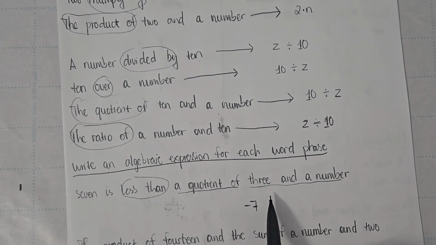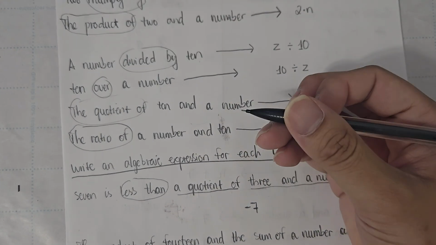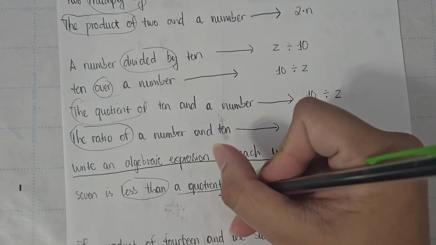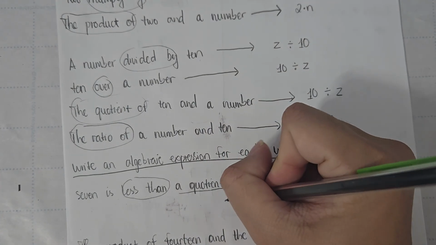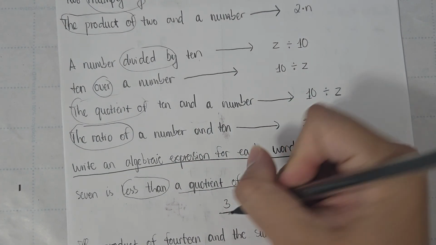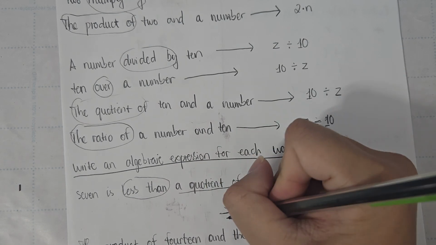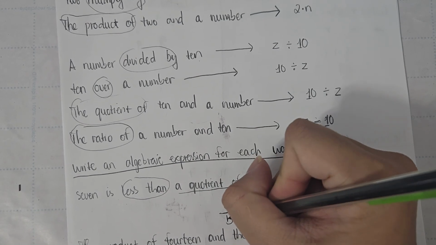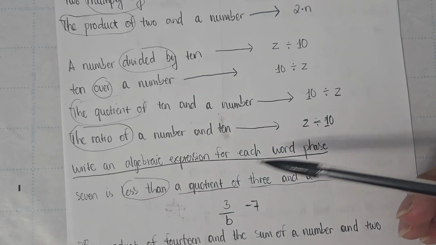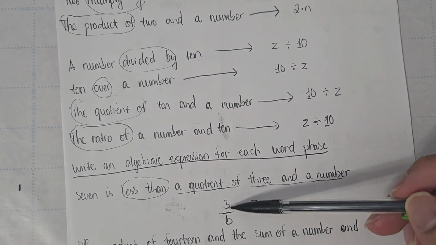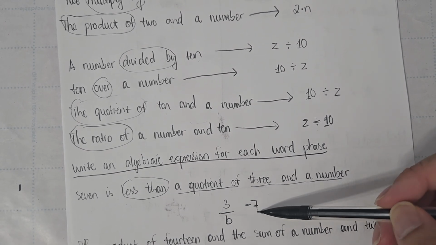A quotient of 3 and a number, let's make it b, is 3 over b. So 3 over b minus 7.